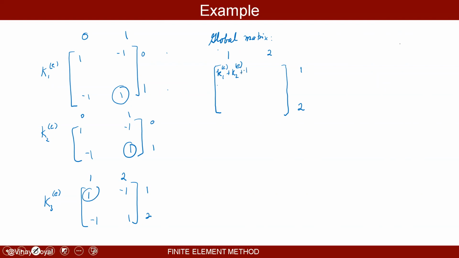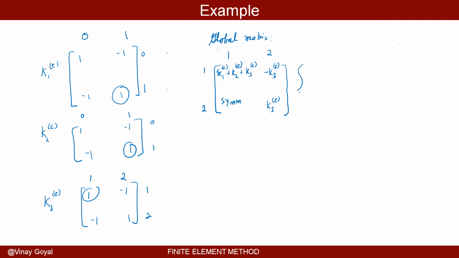We just need to add K3. So now we have the component 1, 1 in the global stiffness matrix. If we repeat the same procedure for the other active nodes, for the combination 2, 1, we have minus K3, right? The position 1, 2 is minus K3 as well. And the position 2, 2 is K3.